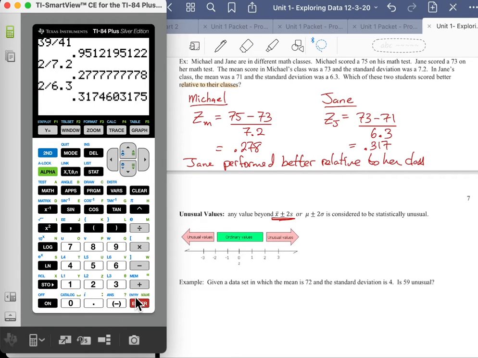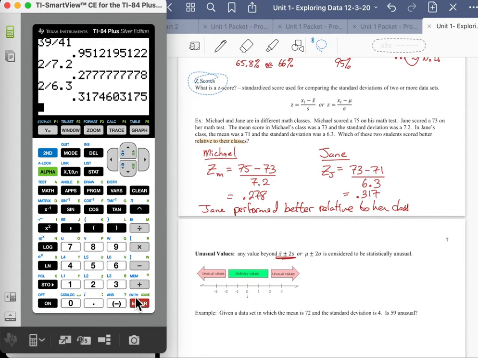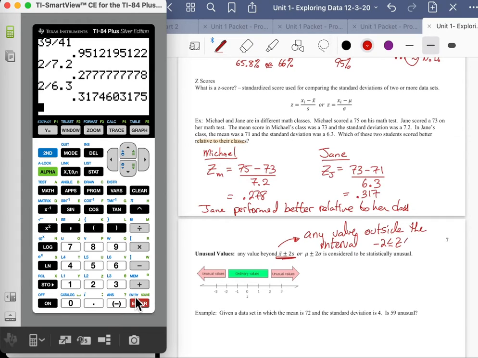Now, what we discovered here, based off of this idea of a z-score, is that since a z-score represents the number of standard deviations that a data point is away from the mean, x bar plus or minus 2s could also be thought of as any value outside the interval of -2 less than or equal to z less than or equal to +2.